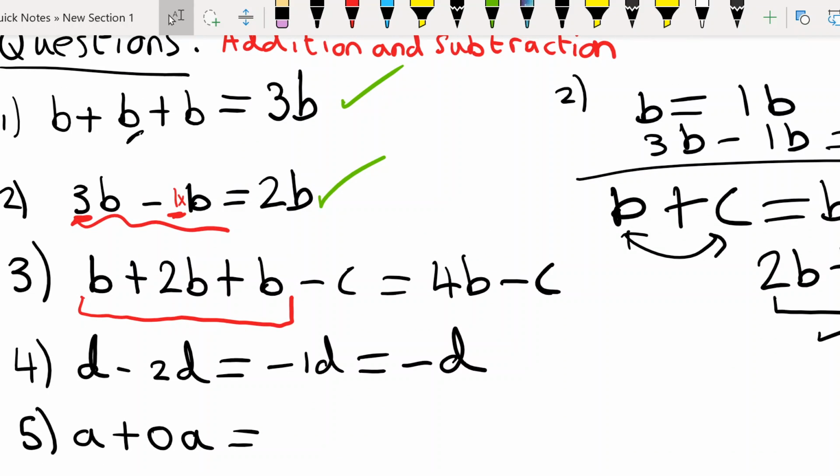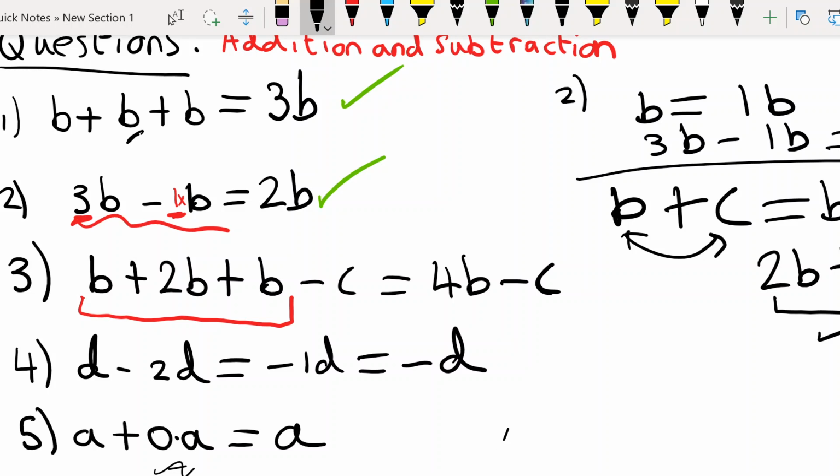And with the final question, I've got 1 apple, A, which is 1A, add 0 lots of A. Well, because I'm adding 0 lots of A, I'm adding nothing to A. So this is 0 times A. I'm left with 1A. Okay, so just A. So anything add 0, anything.